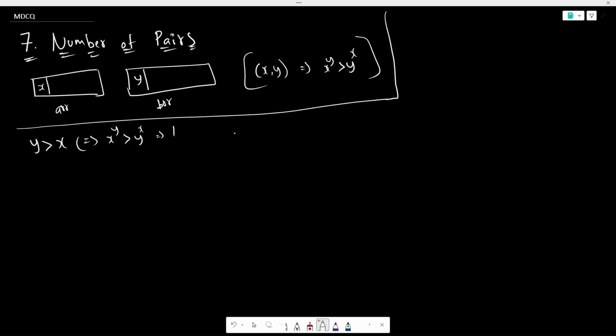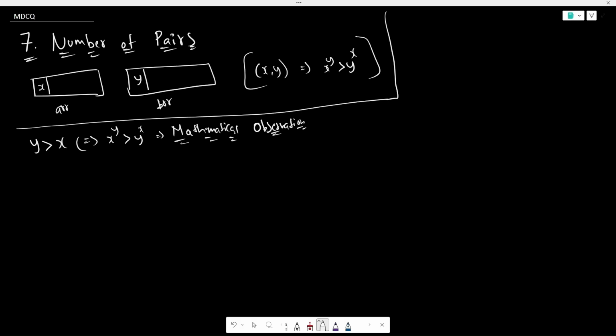So this is a mathematical observation. Whenever y is greater than x, then obviously x power y is greater than y power x, but with some exceptions. We will see those exceptions after.